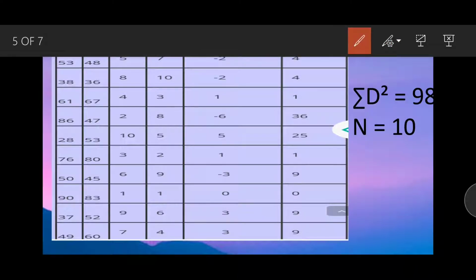Now if you look at 10 minus 5, I have 5. 3 minus 2, I have 1. 6 minus 9, I have minus 3, and so on and so forth. And that's how we're going to get our D column.